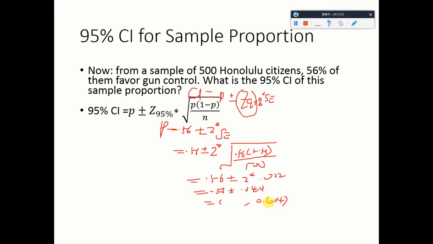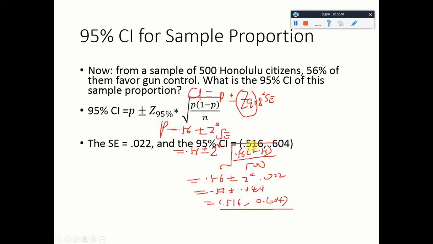But then what is 0.56 minus 0.044? That will be 0.516. So this should be our confidence interval. Let's check. Exactly, right? So the standard error is still 0.022.